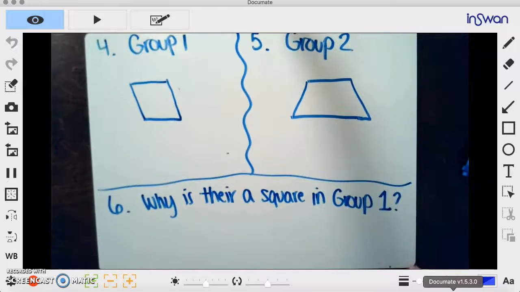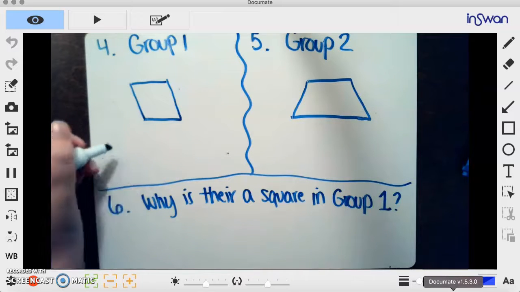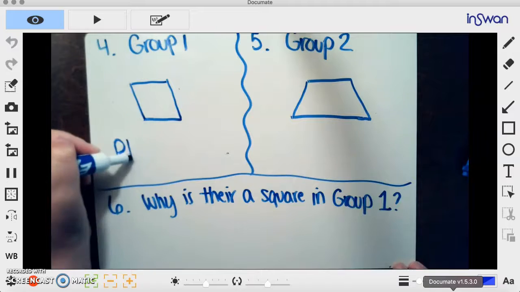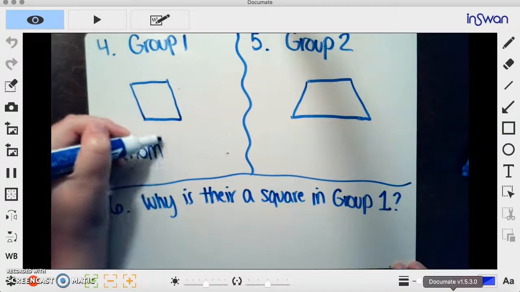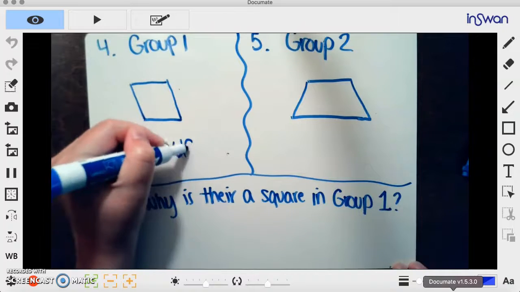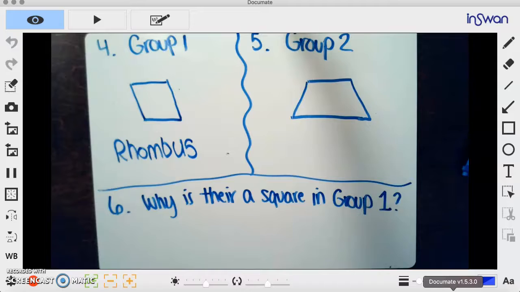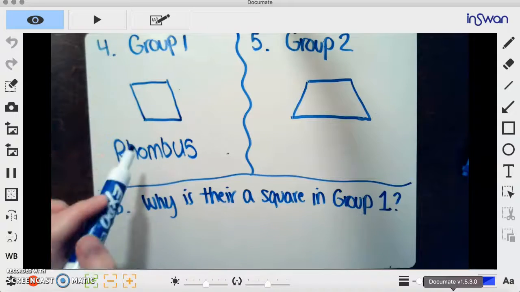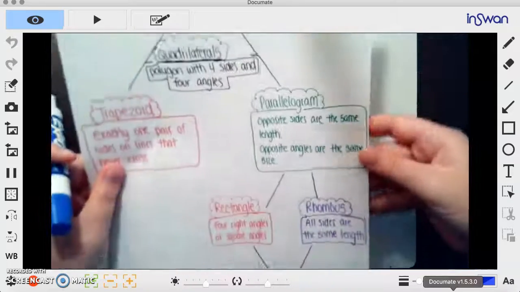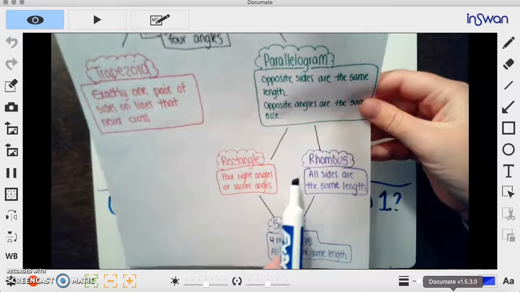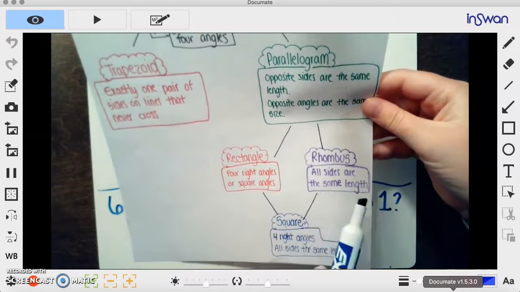Number 6 asks me, why is there a square in group 1? And remember, group 1 is the group of rhombus. And the reason a square fits in there is, to be a rhombus, all it needs, and I'll refer back to my sheet, is all sides are the same length.